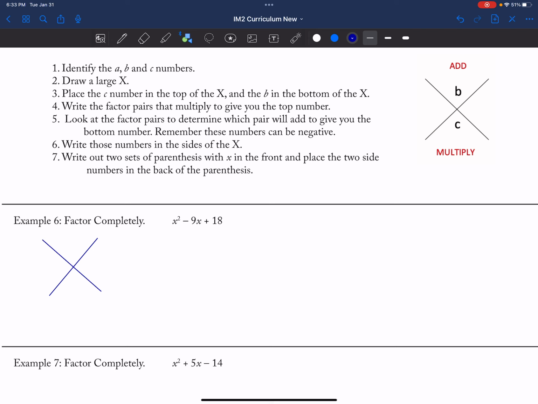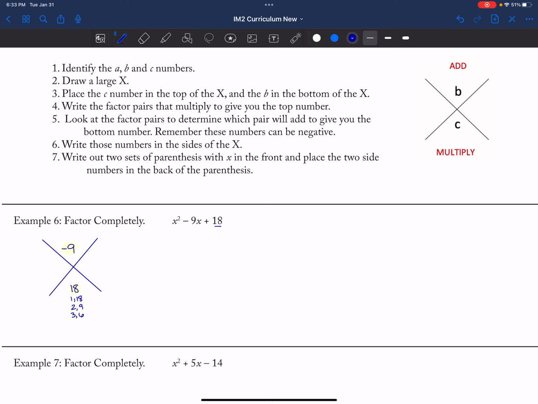And I'm going to put my C term, so that is my last term, which is 18, on the bottom. And then my B term, which is negative 9, on the top. Okay, and I want factors of 18, 2 and 9, 3 and 6, that when I multiply them together, I get 18, but when I add them, I get negative 9.